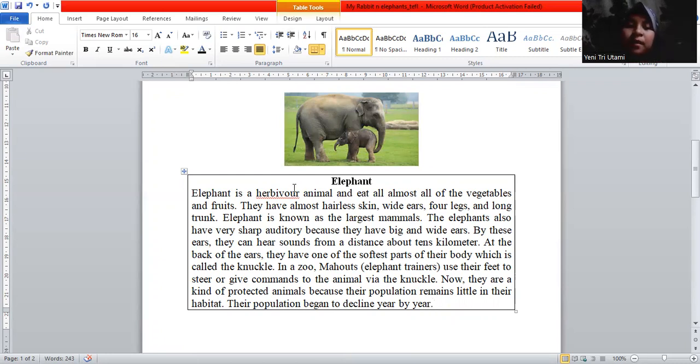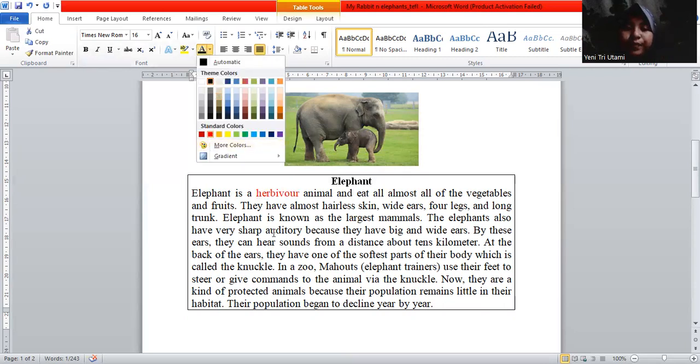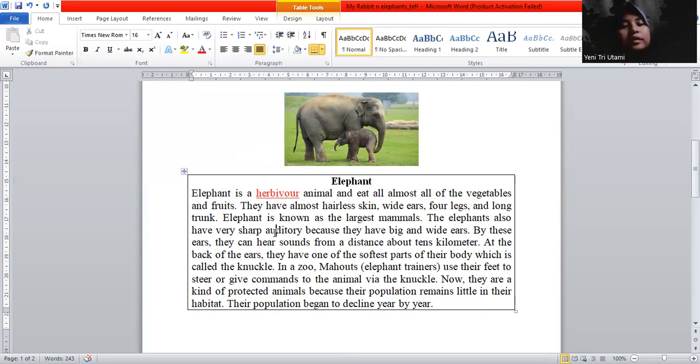So here, based on this text, we will read from the first sentence. Elephant is a herbivore animal and eat almost all vegetables and fruits. So here we found a new vocabulary called herbivore. Is there anyone who knows what herbivore means?